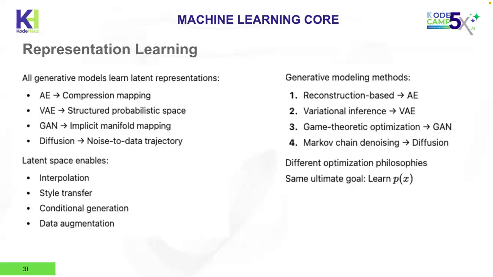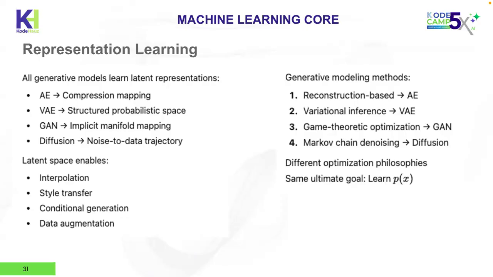It's optimization using a game theory approach where you have adversarial networks battling each other to see who can outwit the other. So that's a GAN. And then Markov chain denoising is a diffusion model.